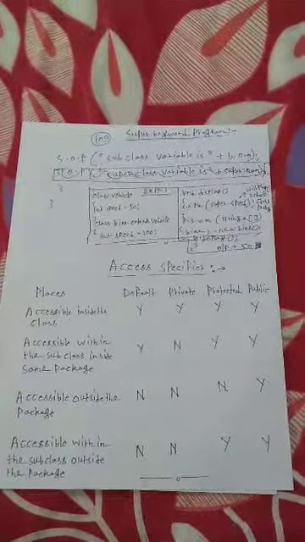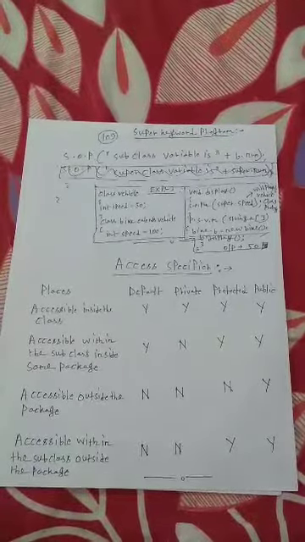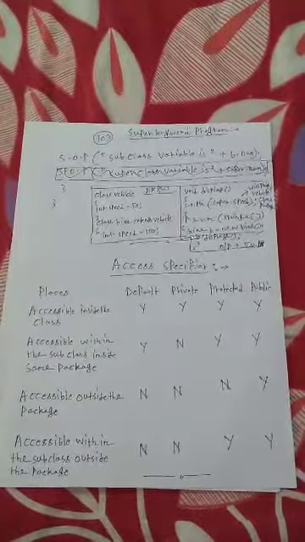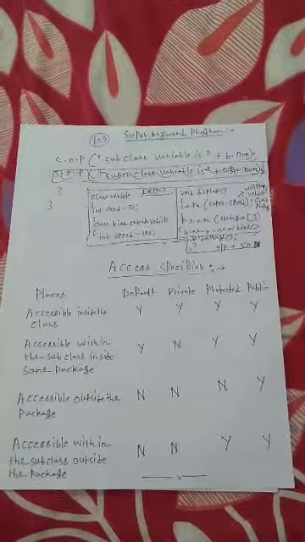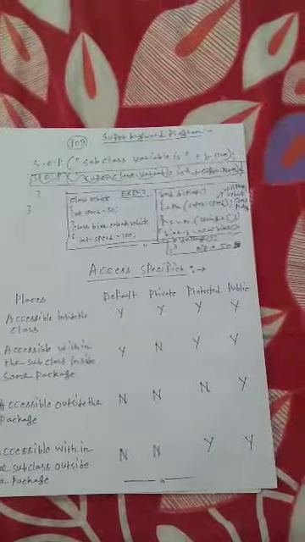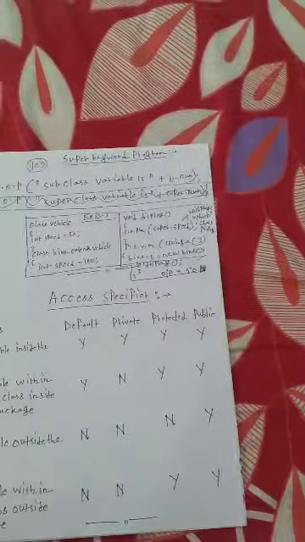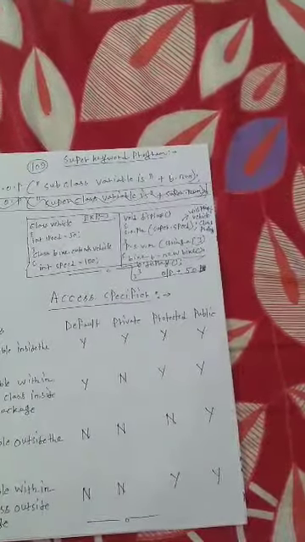Here super dot speed will print the Vehicle class property, because the super keyword can only differentiate the member of the superclass. So you can display only the output of 50.